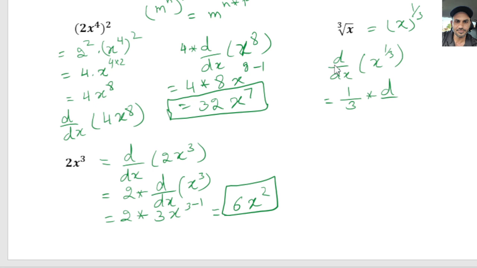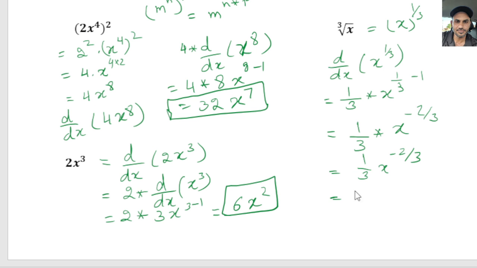We already are taking the derivative. And this is x to the 1/3 minus 1. So we have 1/3 times, when you simplify this, 1/3 minus 1 becomes negative 2/3 when you subtract 1 from 1/3. So we have 1/3 x to the negative 2/3.